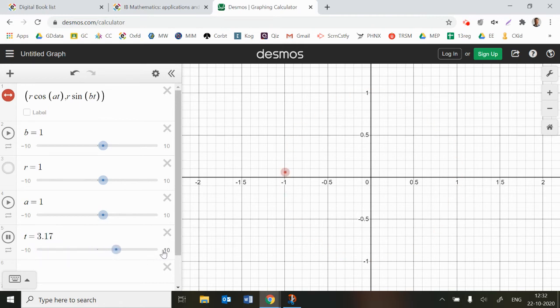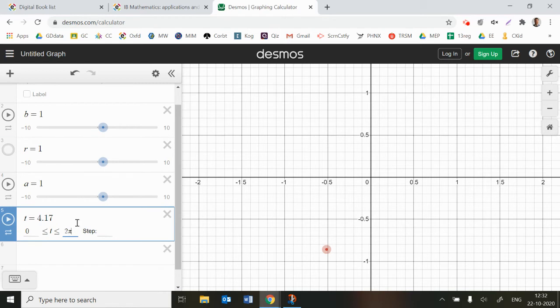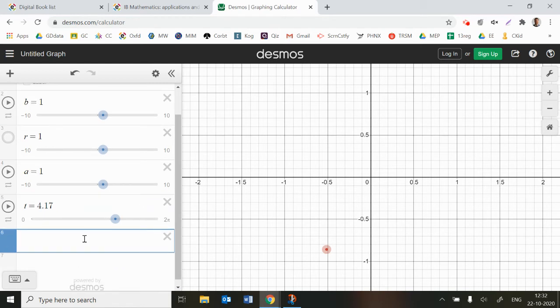And obviously if I change that and I just went from, let's say, 0 to 2 pi, and then if I press play on that, starting at 0, that's my starting point, and if I go around here to 2 pi, there we go, at 2 pi, roughly.